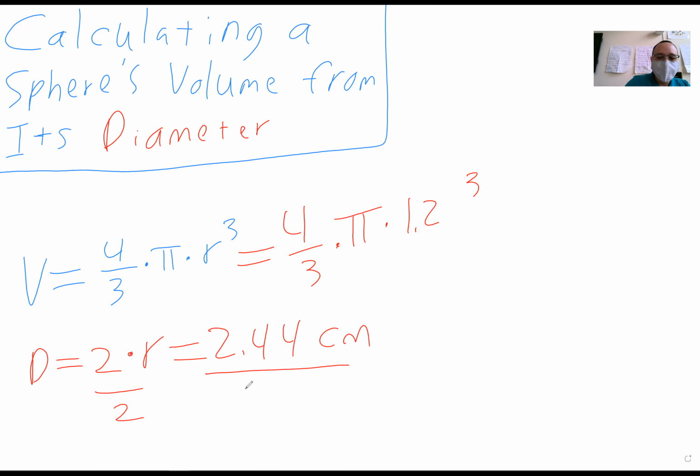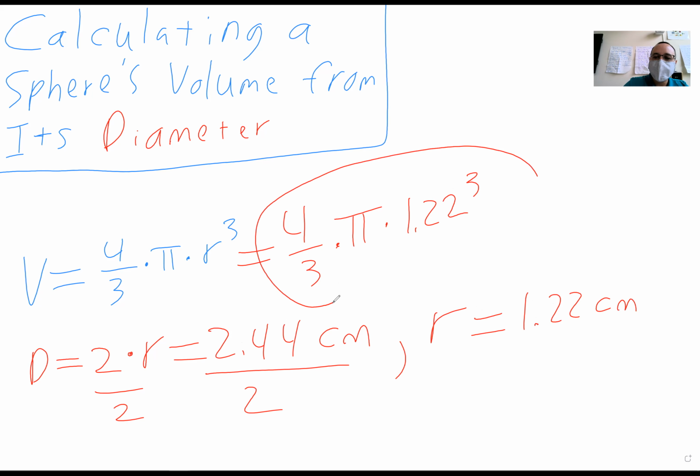If we divide both sides of this equation by 2, we find that R is equal to 1.22 centimeters. So I can update this over here. My volume is going to be 4/3 pi times 1.22 to the power of 3.